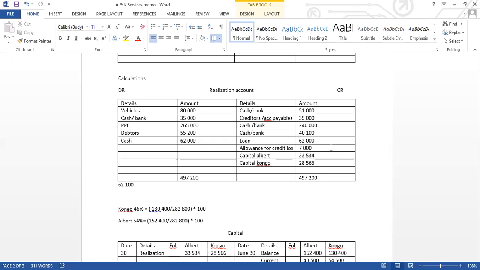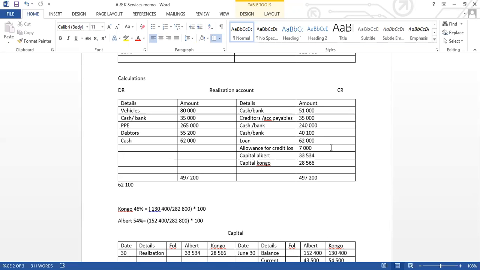And if they don't give us a ratio, we base it on the capital balances of the partners. And then step 3, we close off the capital account. That's it, right? Yes. So if you know all those steps, then you won't have any problem with liquidation.